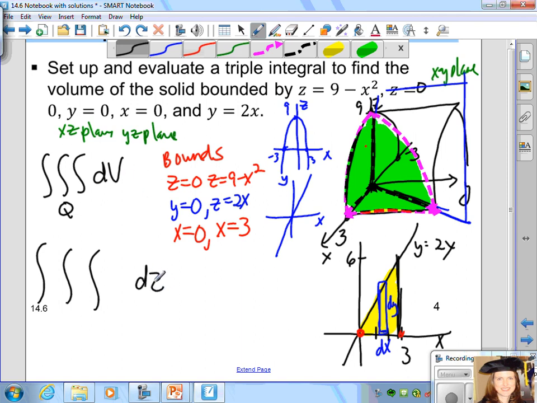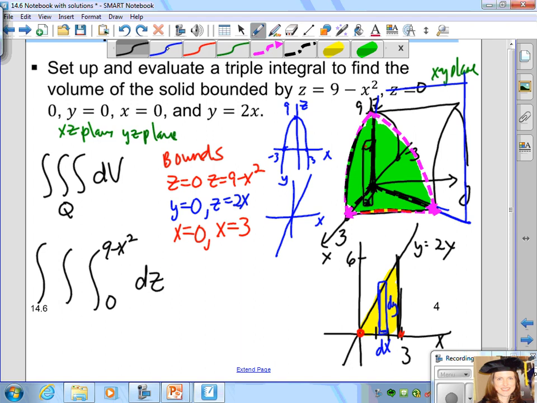Alright, so we can now begin writing out the triple integral, and the dV, beginning with dz here. dz would be your bottom z to the top z, from 0 to 9 minus x squared. Think of this as like a little slice: the bottom of that slice there is z equals 0 to the top of that slice there is z equals 9 minus x squared, that part of the tunnel.